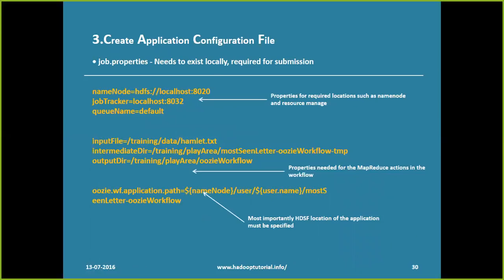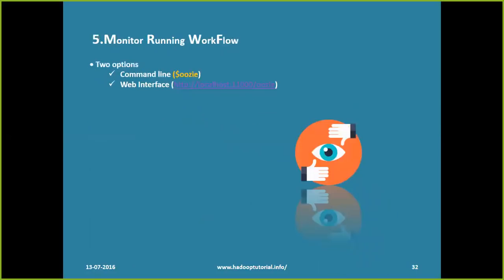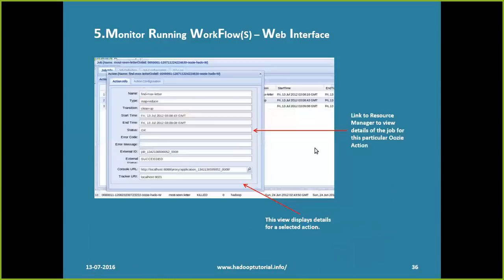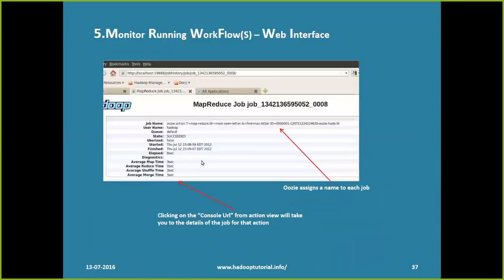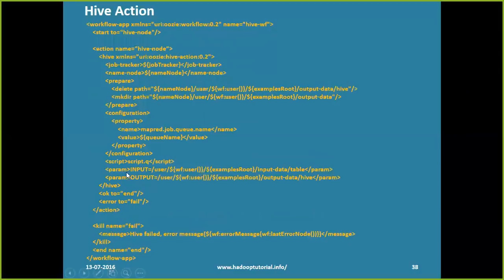So these properties files, info, monitor your job, and just check all these things. Pig action example, just a script and script name, any parameters. Hive action example.